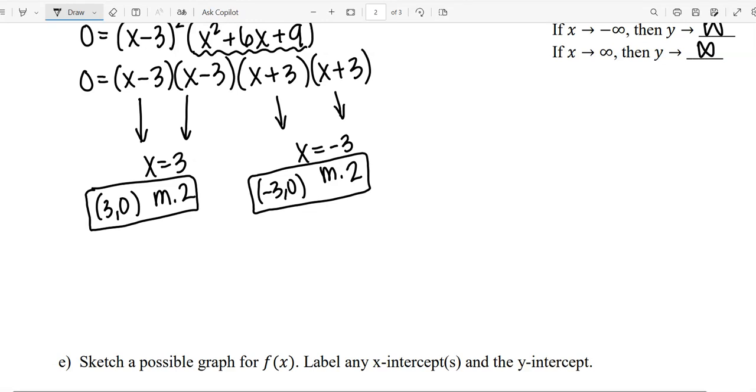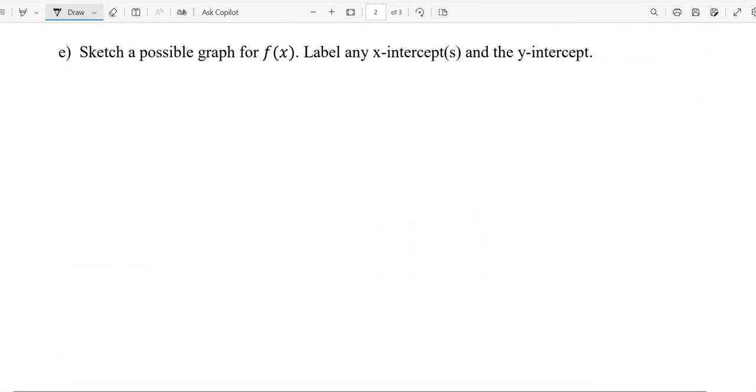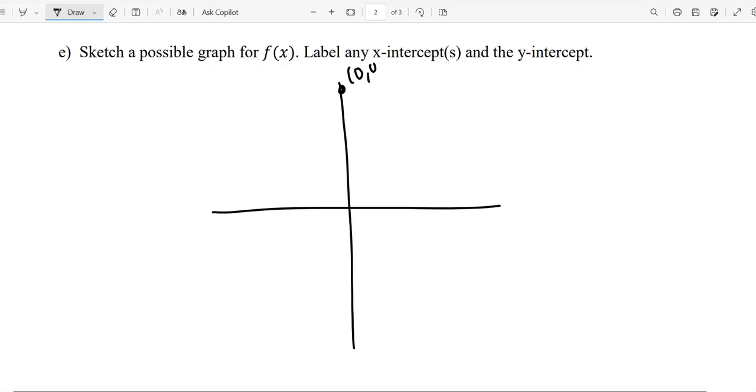From there, we can sketch a graph. What happens when my roots have a multiplicity of 2? They bounce. So, labeling my graph, I've got my y-intercept up here of 0, 81. And then I need an x-intercept of 3 and an x-intercept of negative 3. I'll label this one and label this one.